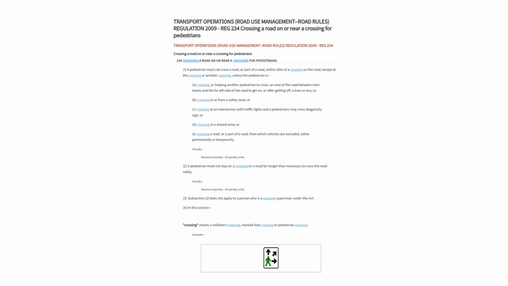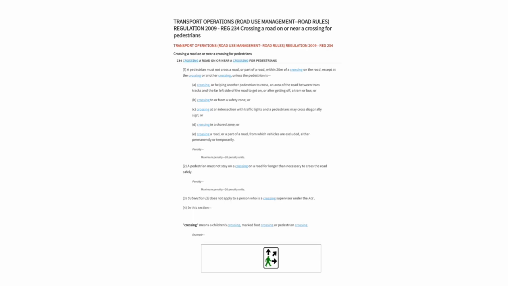A pedestrian must not cross a road or part of a road within 20 metres of a crossing on the road, except at the crossing or another crossing unless the pedestrian is A. Crossing or helping another pedestrian to cross an area of the road between tram tracks and the far left side of the road to get on or after getting off a tram or bus, or B. Crossing to or from a safety zone, or C. Crossing at an intersection with traffic lights and a pedestrian may cross diagonally sign, or D. Crossing in a shared zone, or E. Crossing a road or a part of a road from which vehicles are excluded either permanently or temporarily.